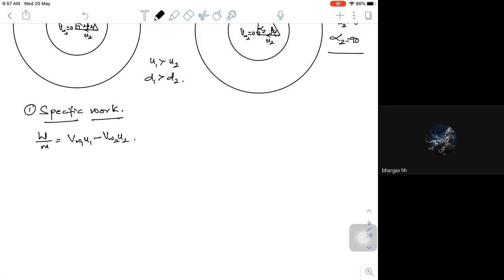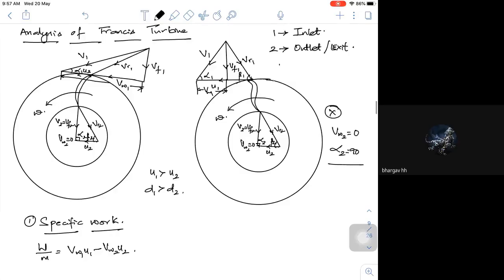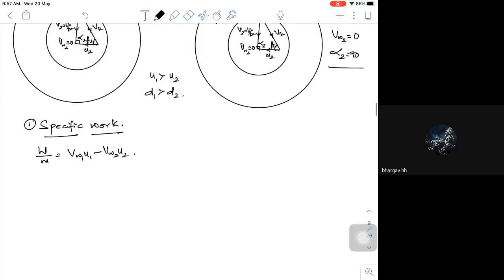Now, as VW2 is equal to 0, we can write W by M is equal to VW1 into U1.